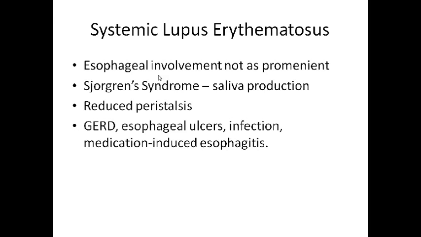Sjogren's syndrome, if you've gone over Sjogren's syndrome, you know there's a deficiency in tear production and in salivary gland secretions. Secondarily, there can be a reduction of peristalsis in the esophagus. Remember, in the first part of the lecture we talked about how secretion will actually cause some peristalsis of the esophagus.